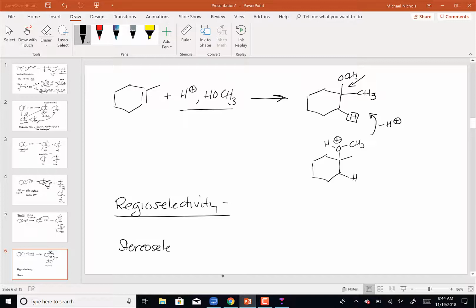Stereoselectivity and regioselectivity. So I'm going to ask you to characterize the reaction as being regio or stereoselective. Now, the first thing you need to know is what the major product is. Actually, you need to know what the possible products are.